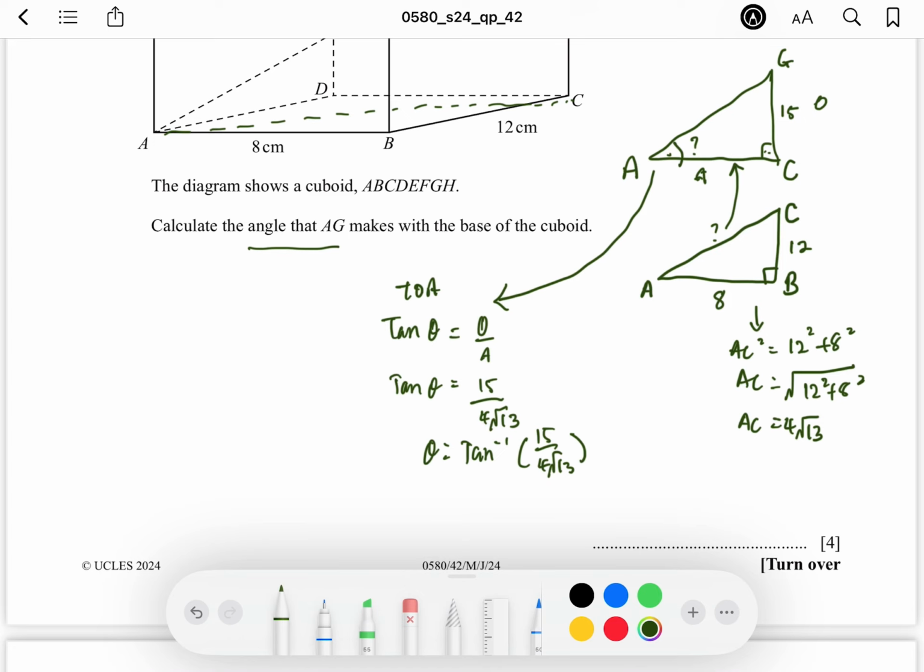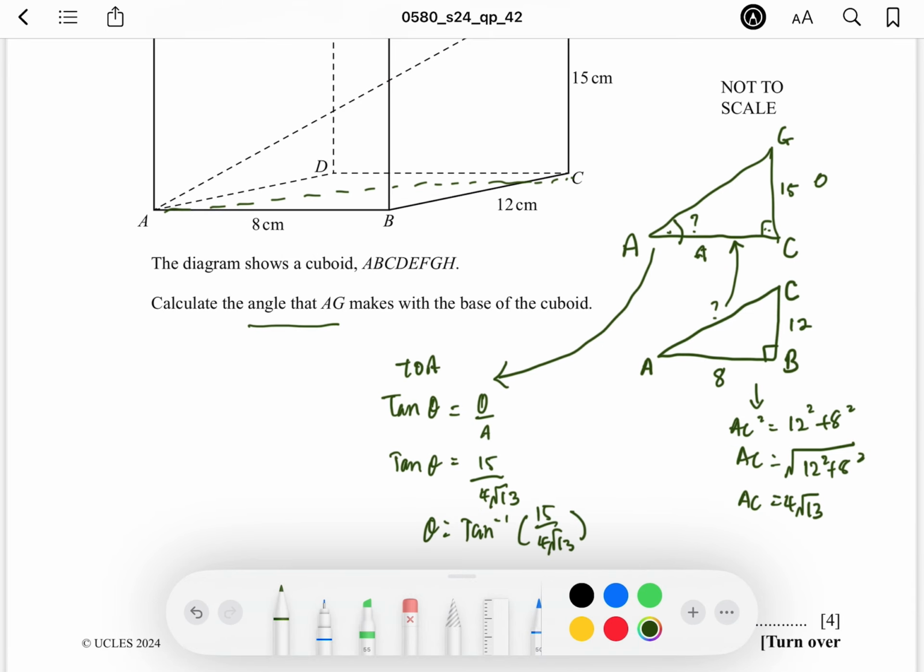Alright? So 4 marks you would get if your final answer is correct to 1 decimal place, because this is an angle. If it is not exact, you give the answer correct to 1 decimal place, which is 46.1.